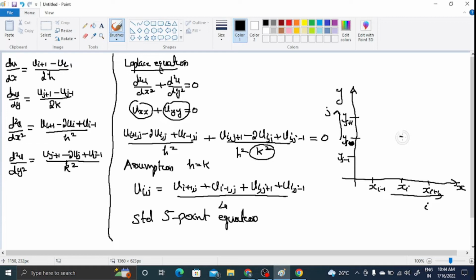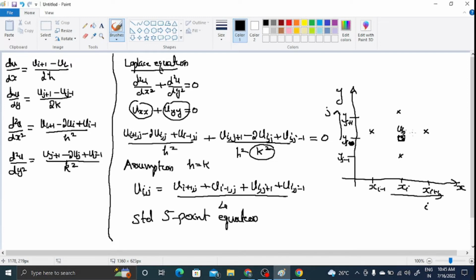So this point is u(i,j), and we are finding this value using u(i+1,j), that is this particular point, the next point, means the right point. Then u(i-1,j), that is this point, left of u(i,j). Then u(i,j+1), that is the top point, and u(i,j-1), the bottom point.